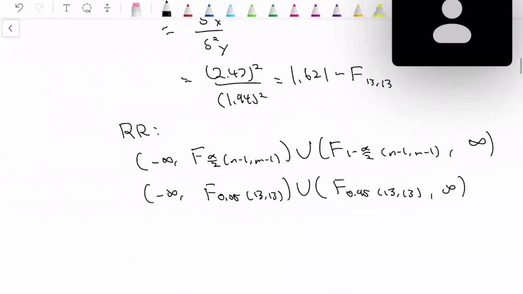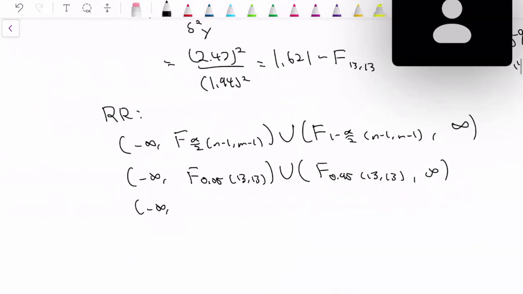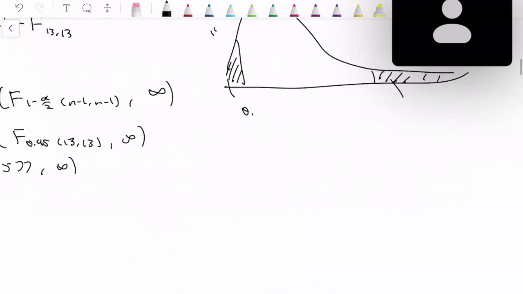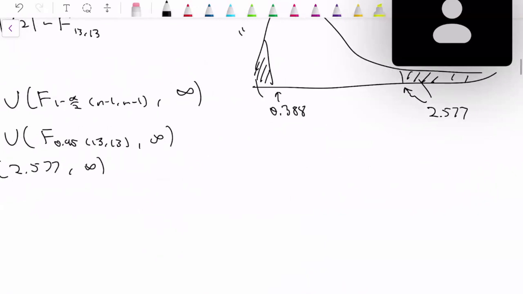So the value for this is 0.388 and then 2.577. So if you can imagine, this would be 0.388, 2.577, like this value right there.